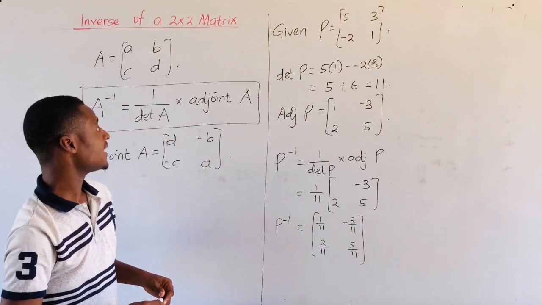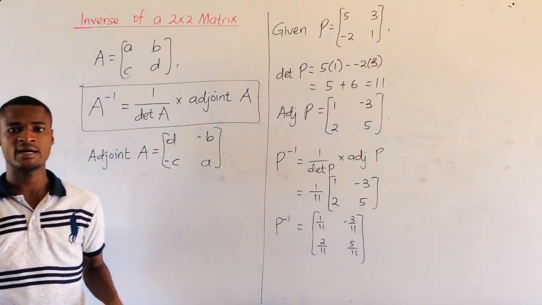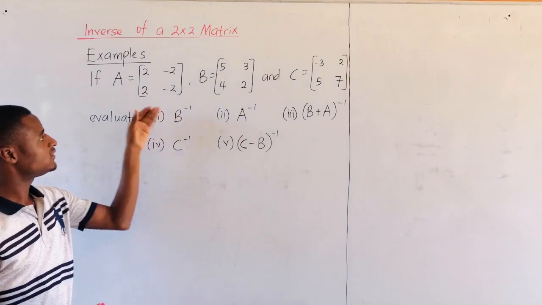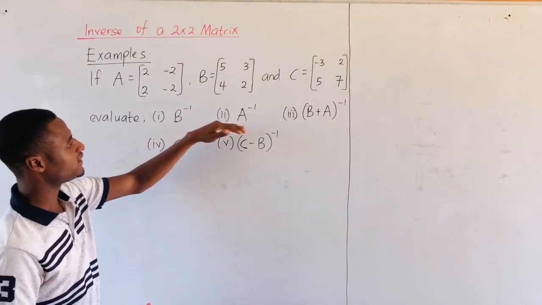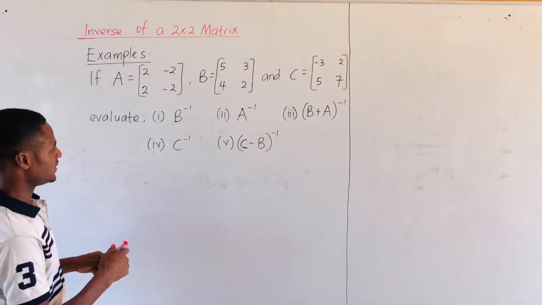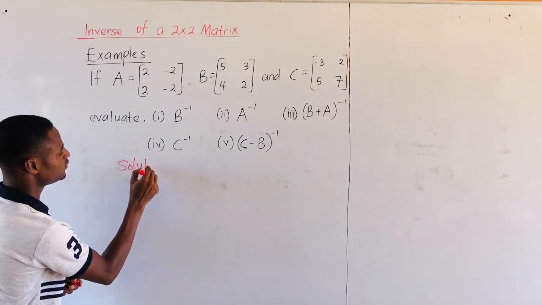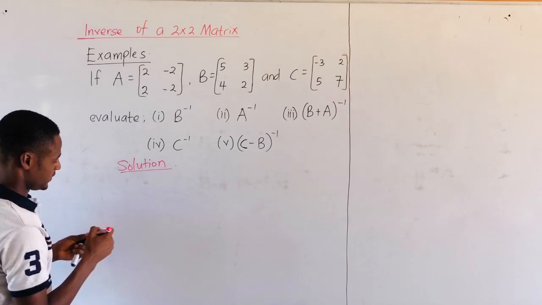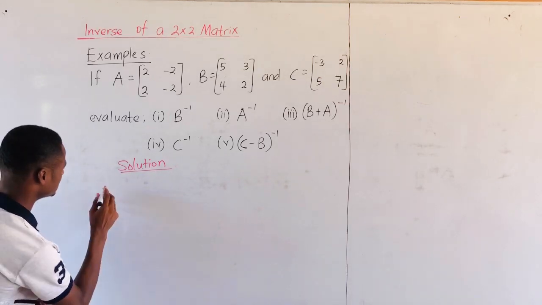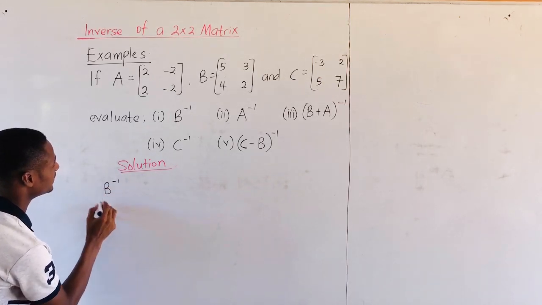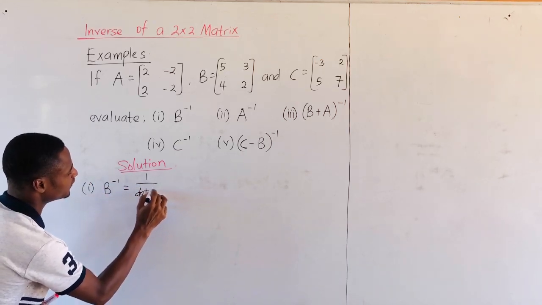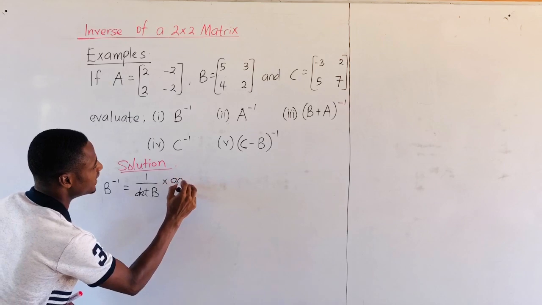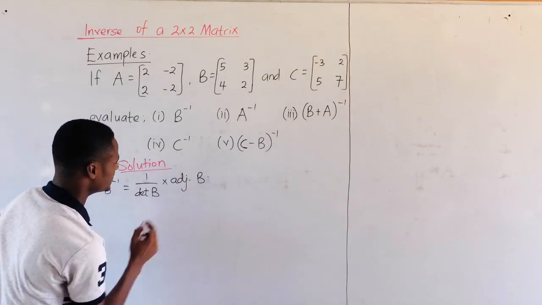We will take another example on the inverse of a 2 by 2 matrix. Given the matrices A, B, and C, we are going to find the following inverses. So the solution: we know that the inverse of a matrix is given by 1 over the determinant of that matrix times the adjoint of the matrix.